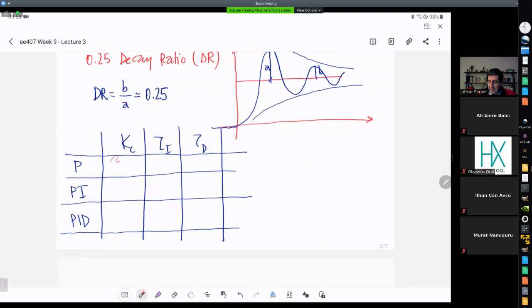So as you said, for the proportional coefficient, I will have KCU over 2, right? That's your answer, right? For a proportional controller, no parameters for tau I and tau D, okay? So it's not KCU that I'm using directly. I'm using actually half that gain in order to obtain 0.25 decay ratio, okay?